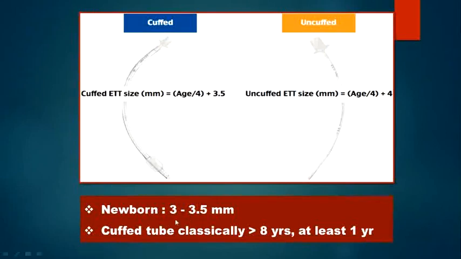But as I said, for the newborn it is 3 to 3.5. The cuffed tube is also classically used in age above 5 years, or at least it cannot be used in patients less than 1 year. We can't use the cuffed tube in that age.